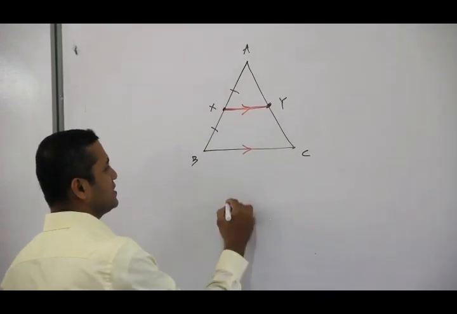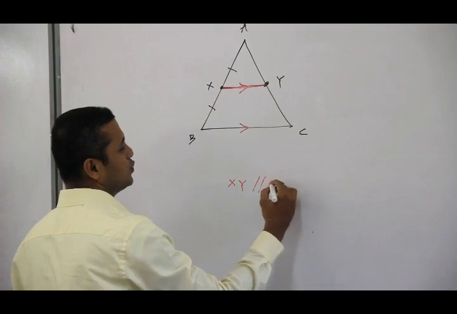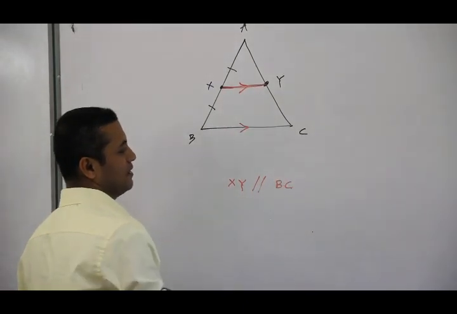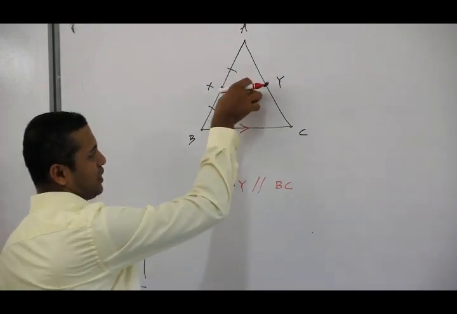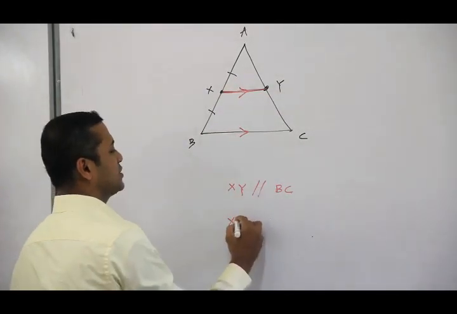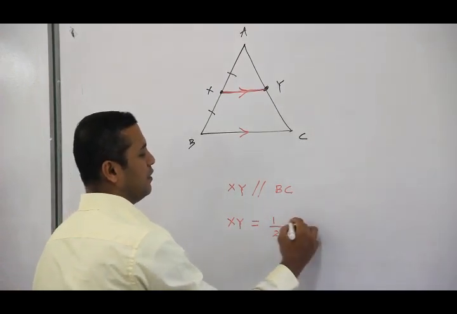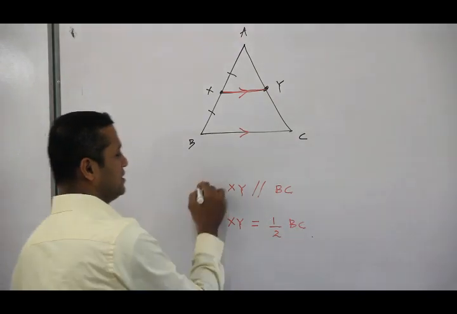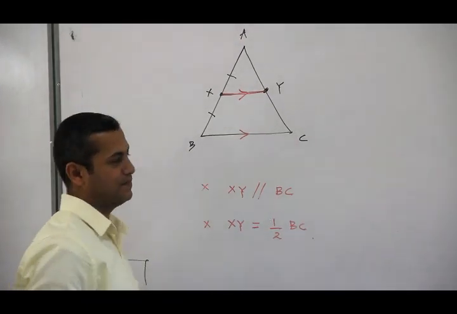So we can say XY is parallel to BC. And one more thing: XY is half of BC. That's it. These are the two things explained by the midpoint theorem.